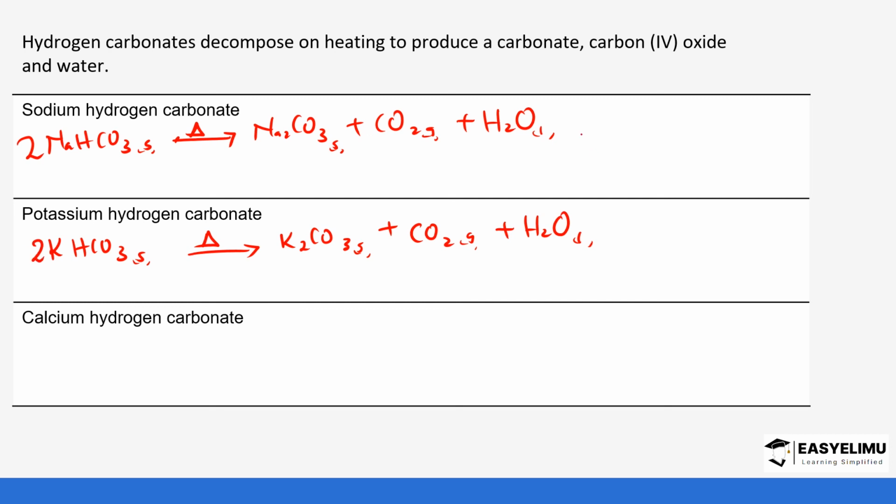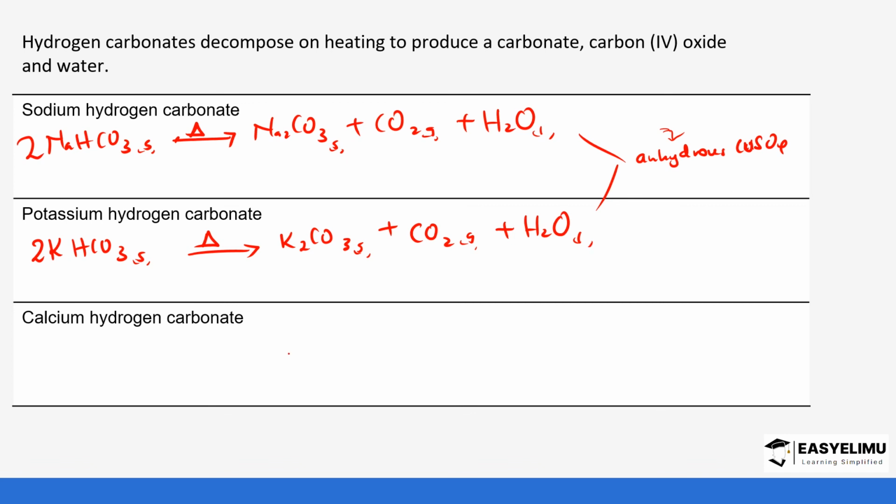Note this water is usually shown as some colorless droplets on the cooler part of the boiling tube, and it can be tested with anhydrous copper(II) sulfate or anhydrous cobalt(II) chloride. If it is anhydrous copper(II) sulfate, it is going to change from white to blue. White is when it is anhydrous. When it is hydrated, it turns blue.